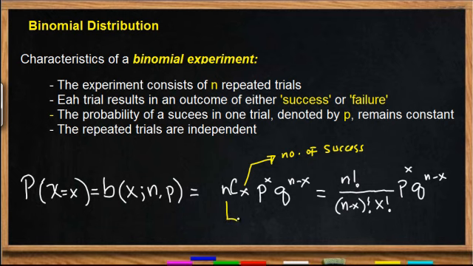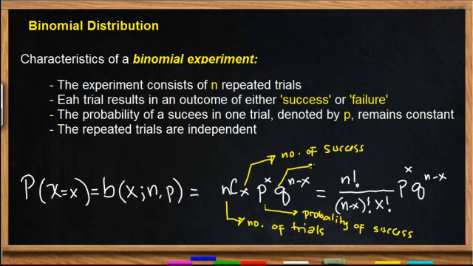N is, unsa man ning n? Number of trials. Kapila gi-toss ang coin. In that case, sa example is 5. Unsa man ning p? P is the probability nga makakuha ta og success. Meaning, in that case, sa example, throwing of a coin, ang probability nga makakuha ta og success is 1/2, and q is probability of a failure.